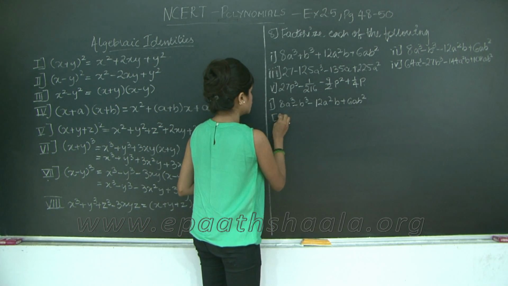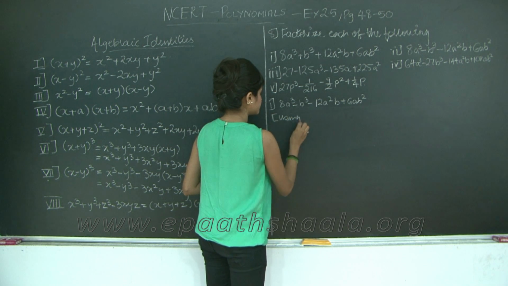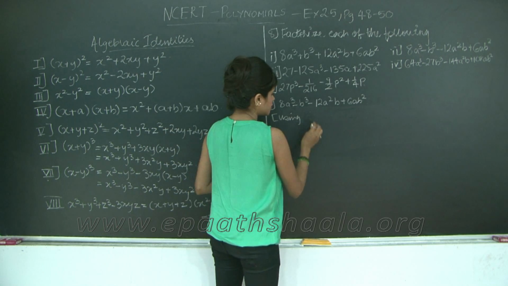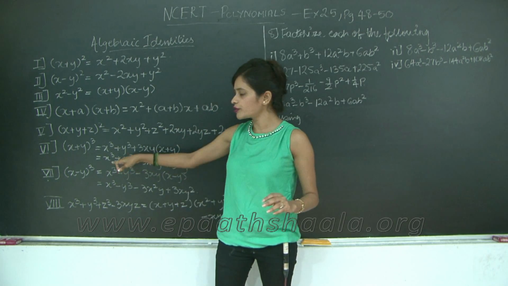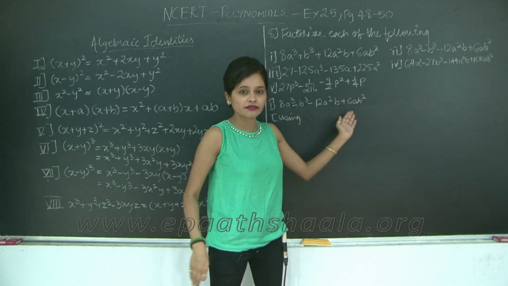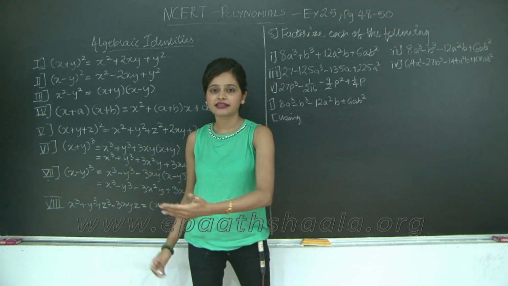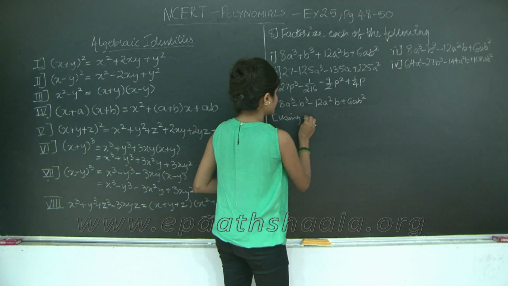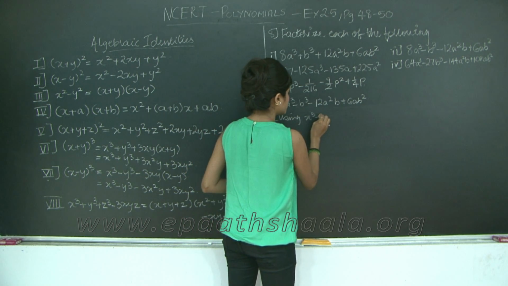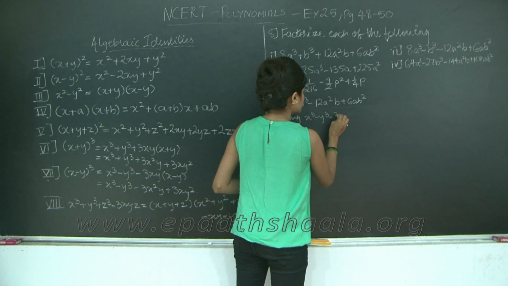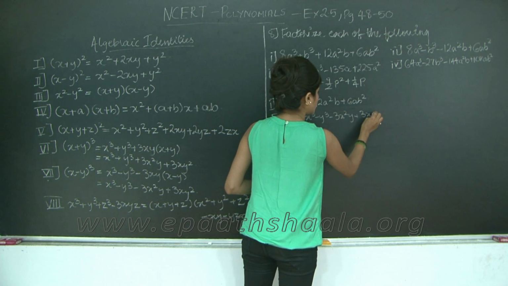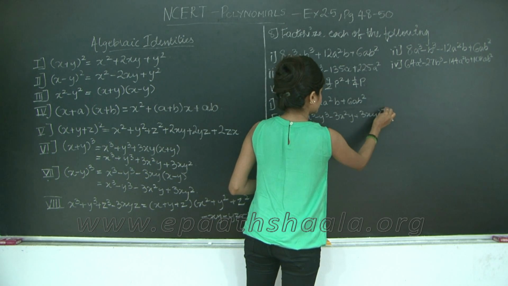So I am going to say, using x minus y, first of all I am going to write my right hand side first because I have already been given the right hand side. I need to find my left hand side. So I am just swapping the sides of this identity and rewriting it. So I have x cube minus y cube minus 3x square y plus 3xy square, right?